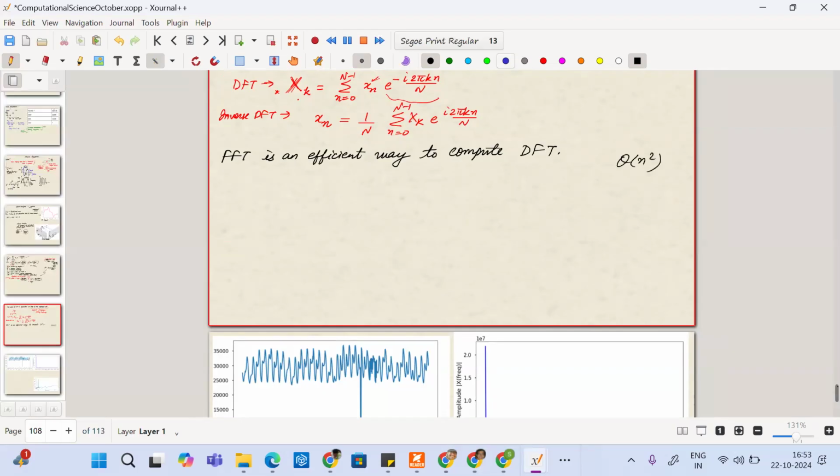And it is exactly the case of DFT. If you derive the complexity of DFT, it will come to be order of n square. But when you apply the fast Fourier transform to compute DFT, it drastically reduces to n log n. Can you see that with n log n, has the complexity increased or decreased?